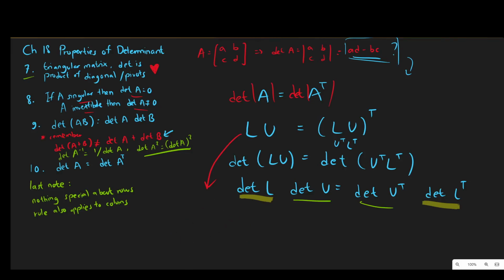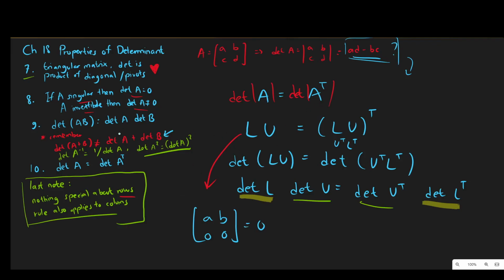And then the last thing I want to bring up is the last note here, which is that there's nothing special about the rows, because we have been talking about rows so far. For example, if we have a row of 0s, then the determinant is 0.